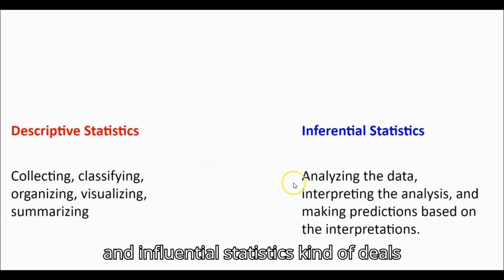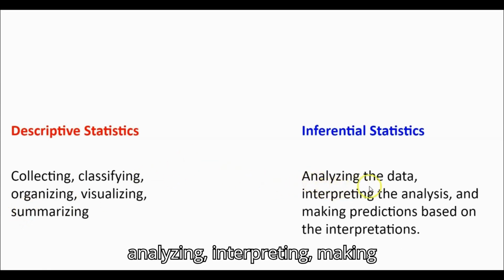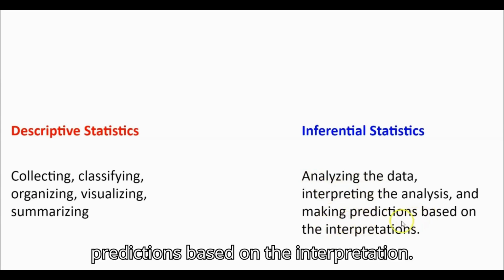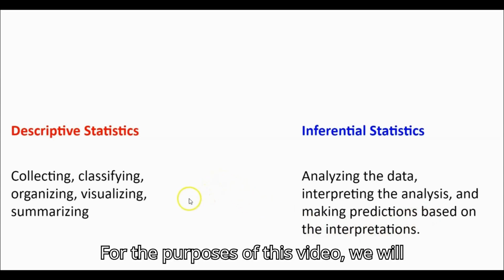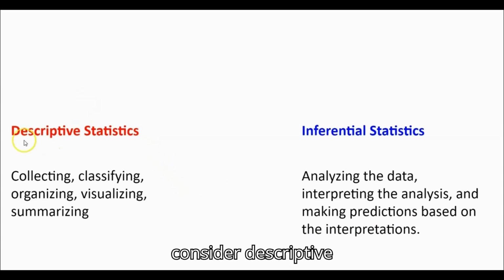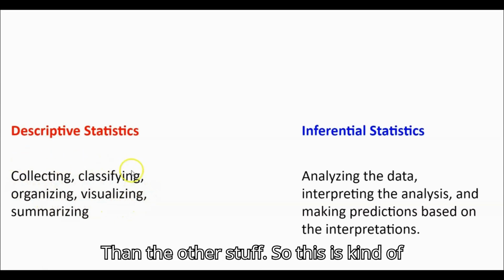And inferential statistics deals with the other part of it, which is analyzing, interpreting, making predictions based on the interpretation. For the purposes of this video, we will consider descriptive statistics as more summarizing data than the other stuff.